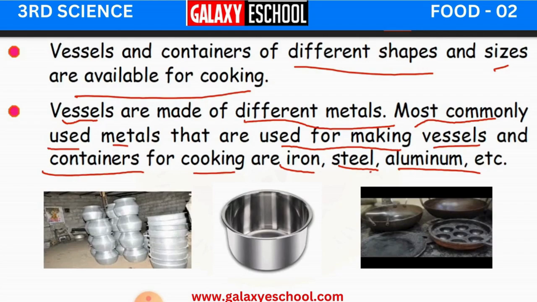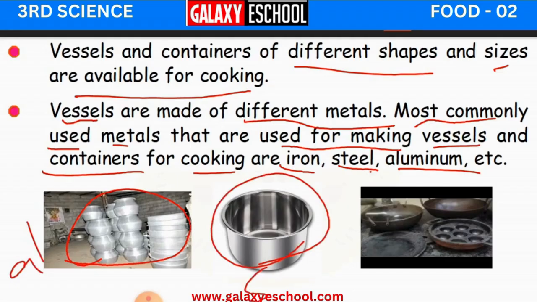As you can see here, these are aluminium containers, that is vessels, this is steel and these are iron. In the olden days, most of our grandmothers were using aluminium vessels.